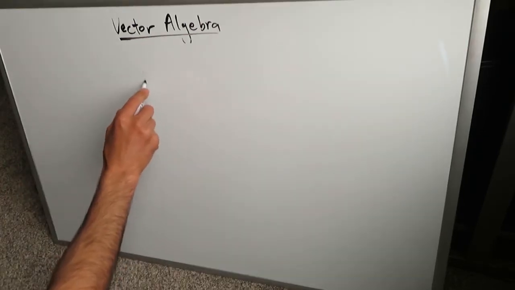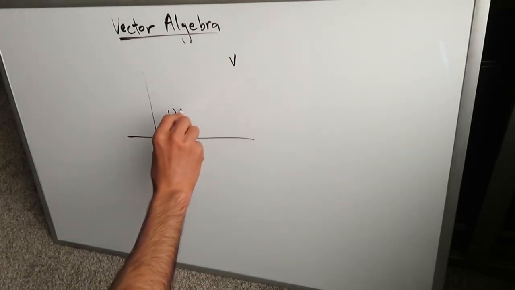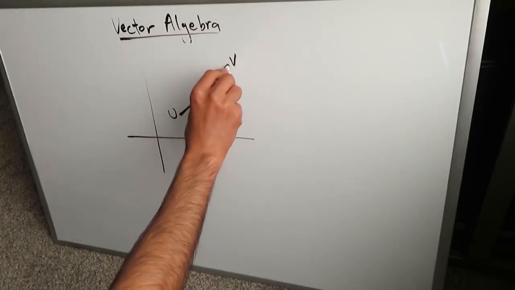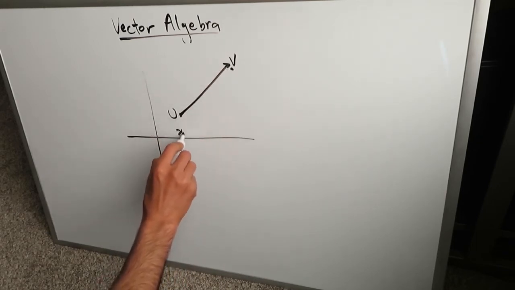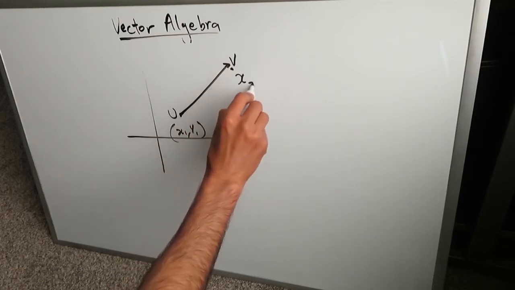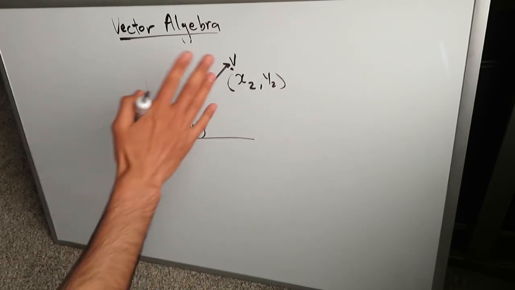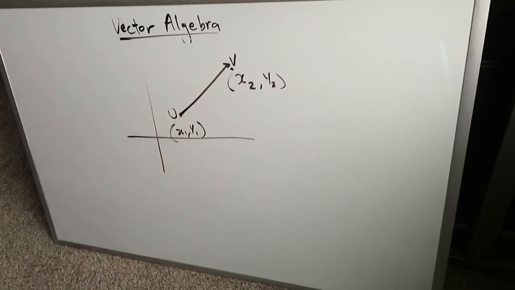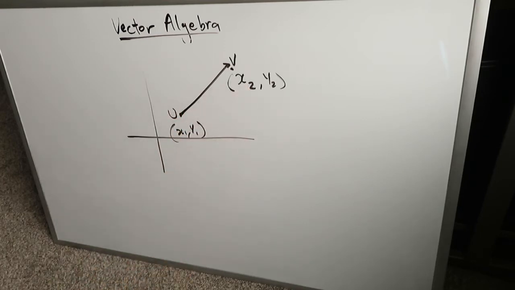If I have a vector, let's say u here and v over here, it starts from here and it ends over here at this coordinate, and this coordinate point over here is x1 comma y1, right? And this coordinate here is x2 comma y2. You can determine from this plot the horizontal and the vertical components. You know the horizontal components always relate to the changes in the x values, and the vertical components relate to the changes in the y values.